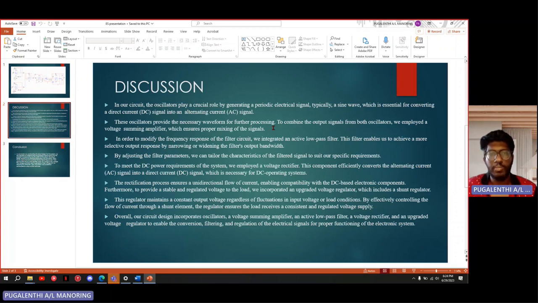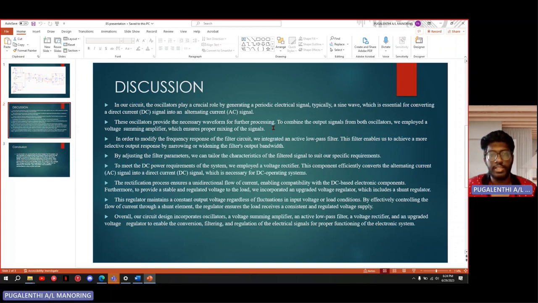To meet the DC requirements of the system, we employed a rectifier. This component efficiently converts the alternating current AC into a DC signal, which is necessary for DC operating systems. The rectification process ensures a unidirectional flow of current, enabling compatibility with DC-based electronic components.